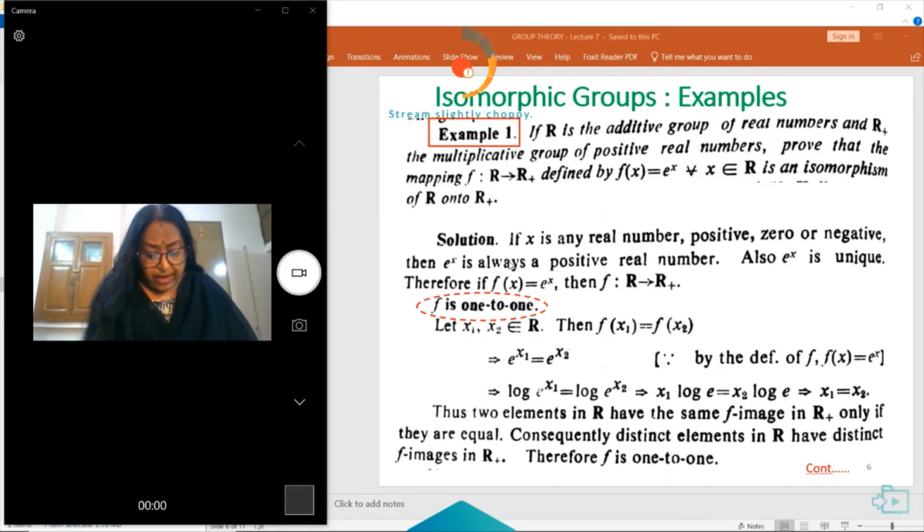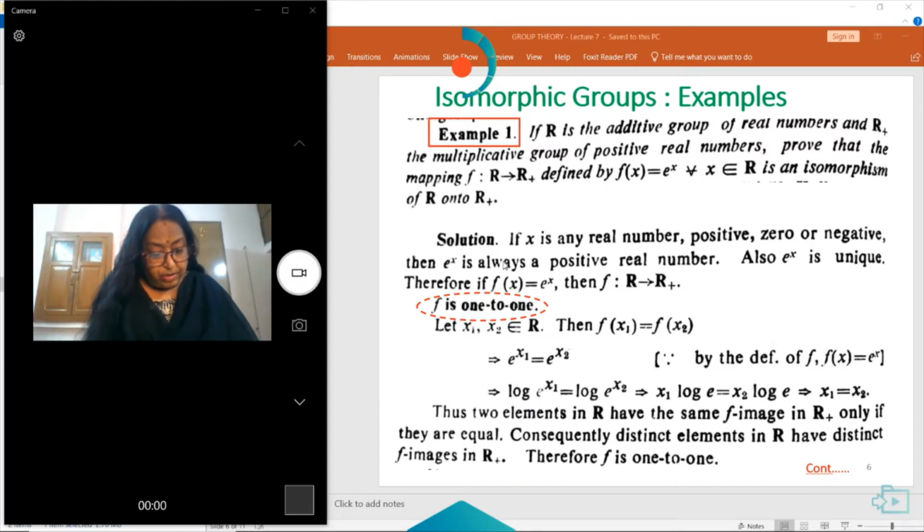Now f(x) is one-one. Let x1 and x2 belong to R. Then f(x1) is equal to f(x2). That implies that e to the power x1 is equal to e to the power x2.